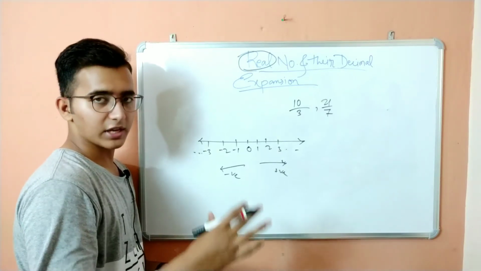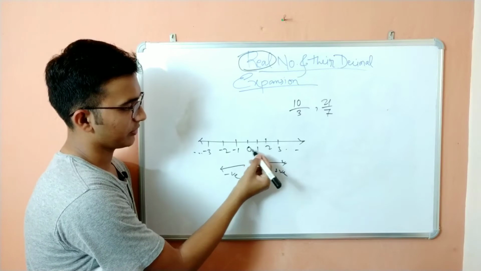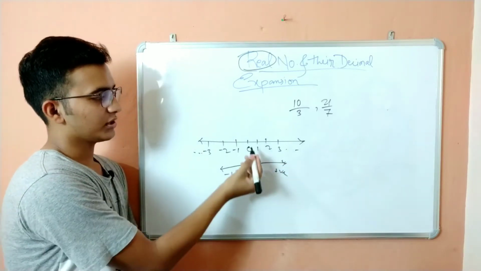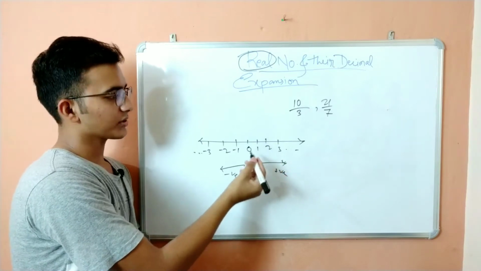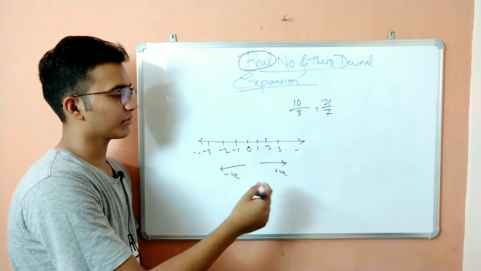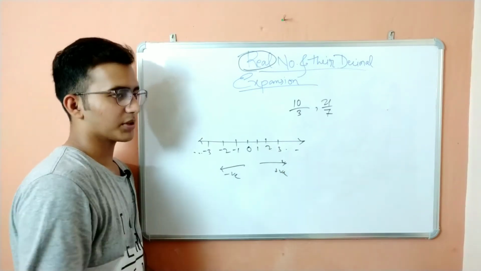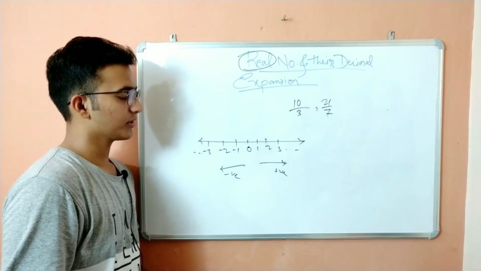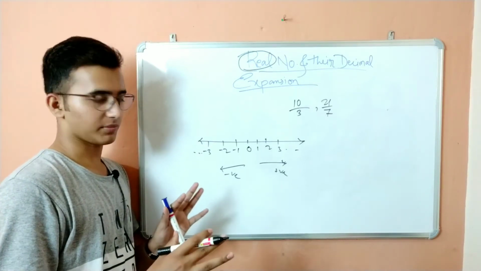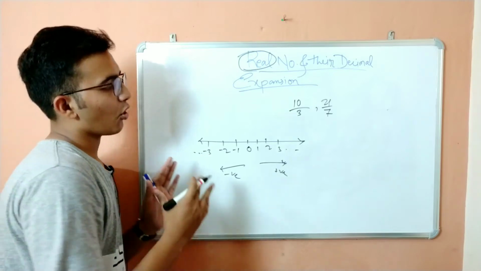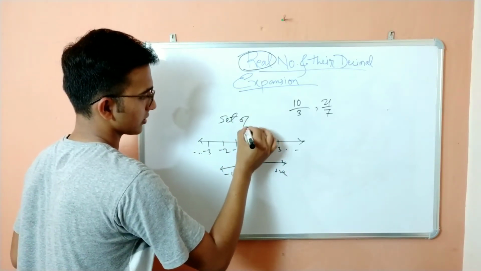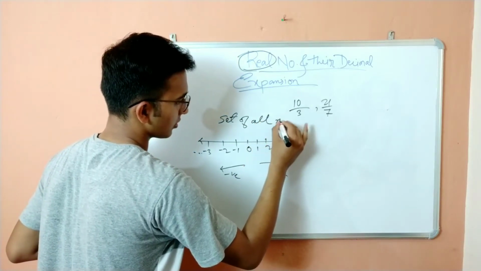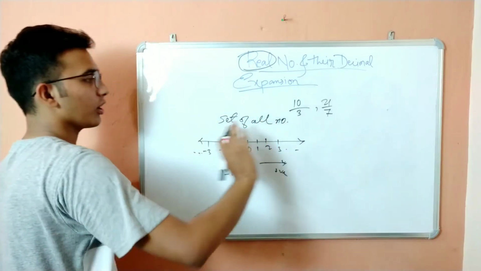But you also have irrational numbers in between somewhere. Then you also have rational numbers, which are fractional numbers. So all of these numbers can be said to be rational numbers. But there's another set of numbers, the set of all numbers.